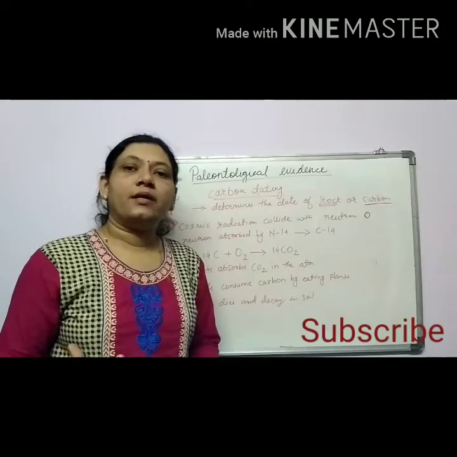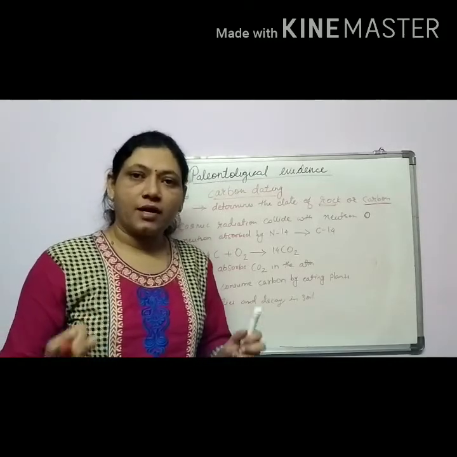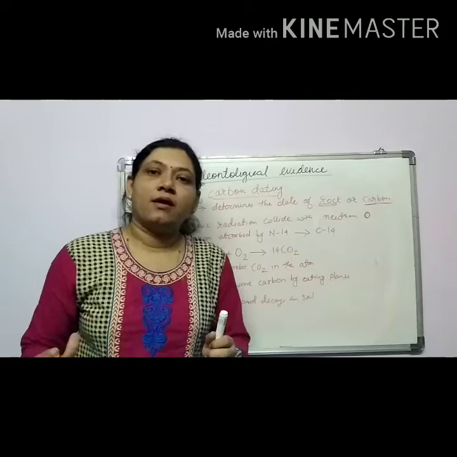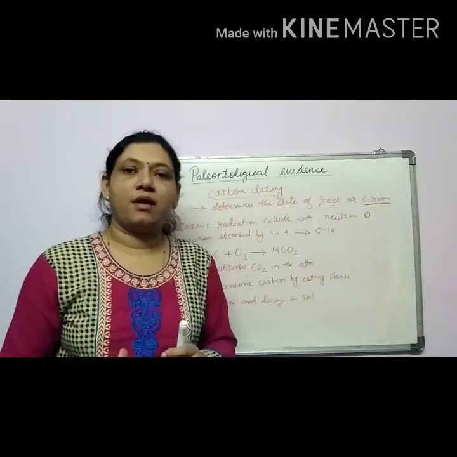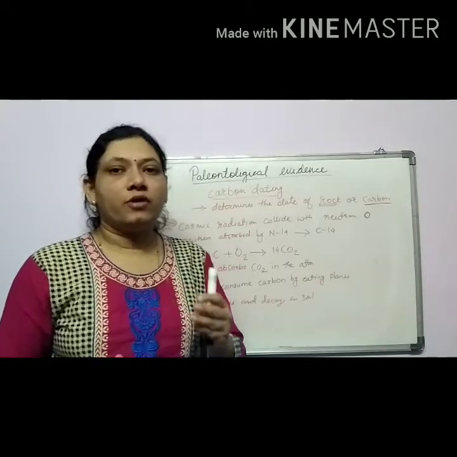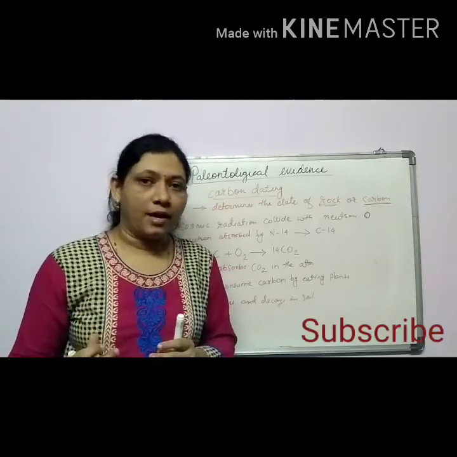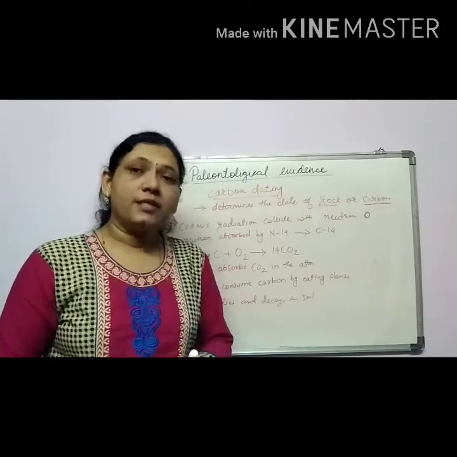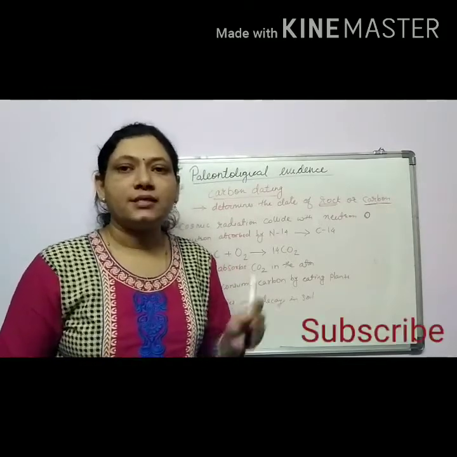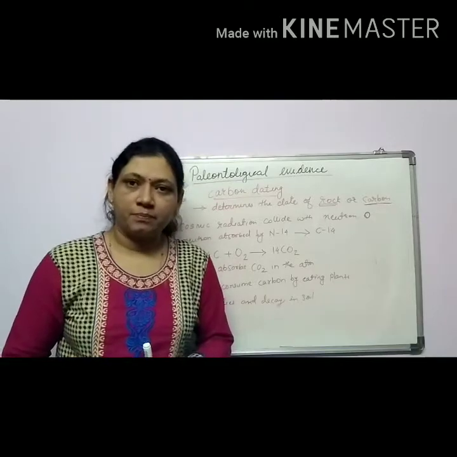And when the animal dies, the carbon content becomes reduced. Okay, it decreases and it converts again into N14. Okay, so this process is known as the carbon dating process.